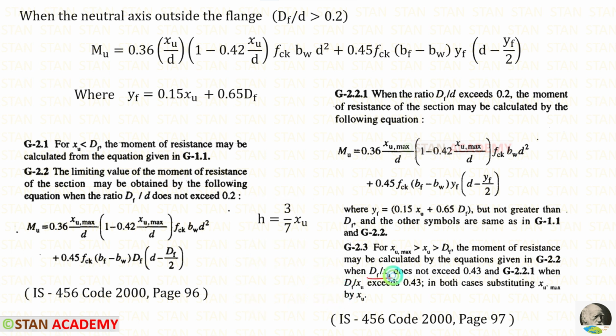When Df upon xu does not exceed 0.43, we need to use the equation given in G-2.2. So this is the one. When it exceeds 0.43, we need to use the equation in G-2.2.1. So this is the equation. In both of the cases, we have to substitute xu max by xu. So here it will be xu and here it will be xu.